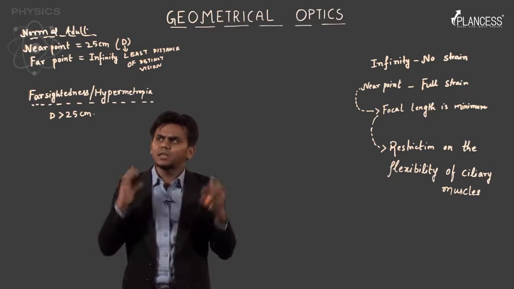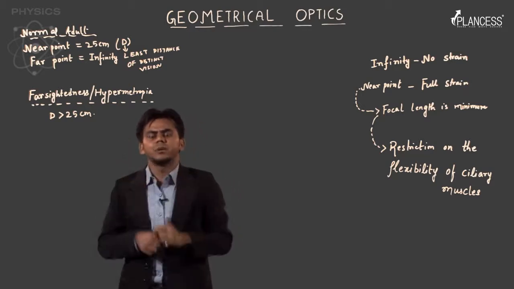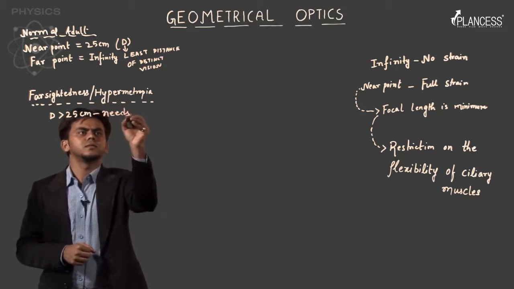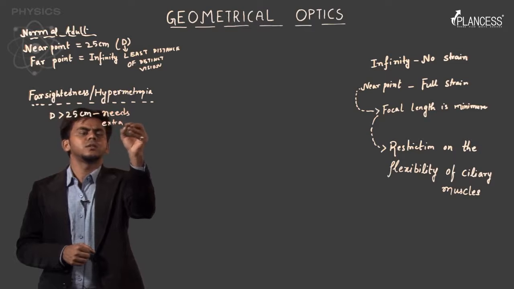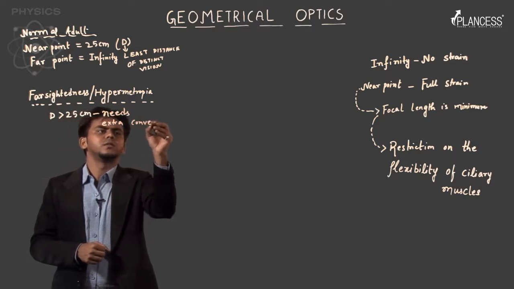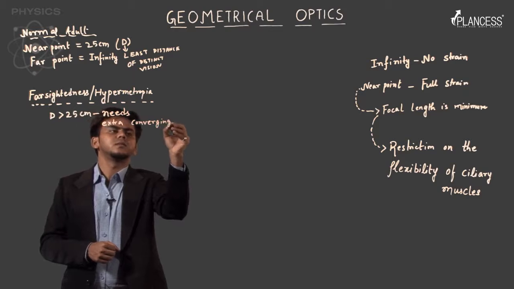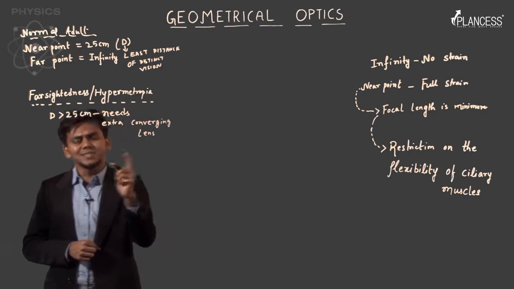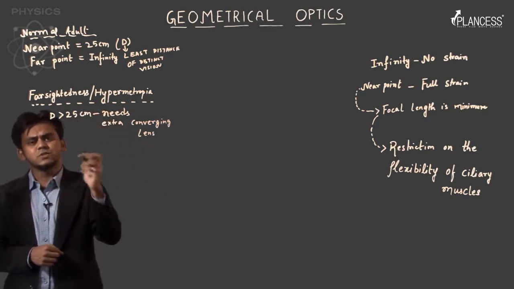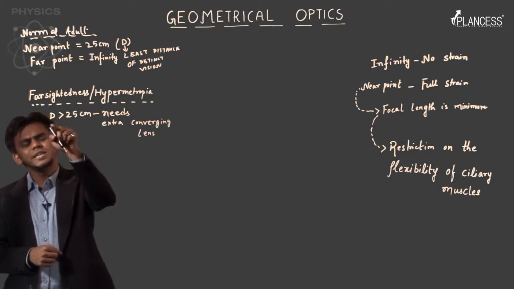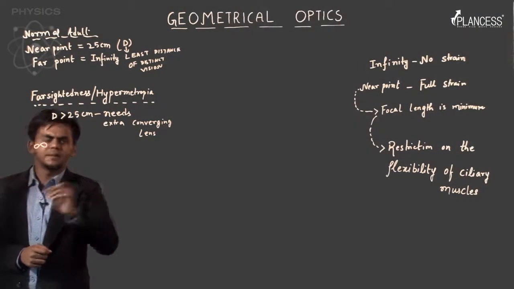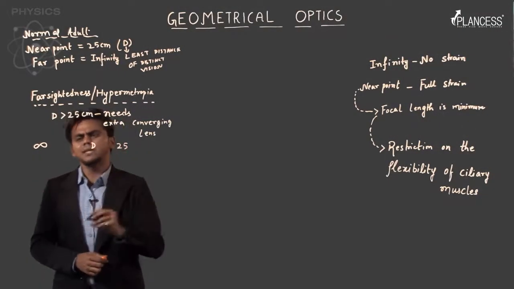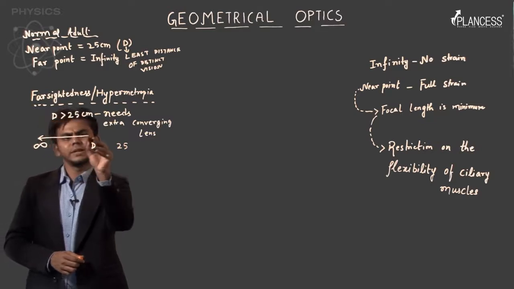So I give extra converging power to the eye. It needs an extra converging lens, right? And that converging lens shifts all the images which are from the D. See, this is your infinity, this is your D. I can only see between this.